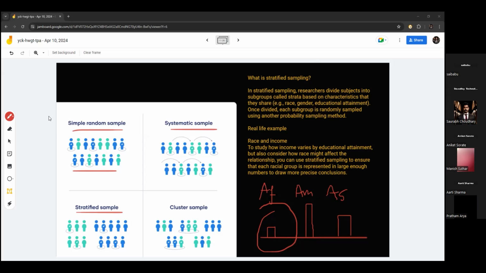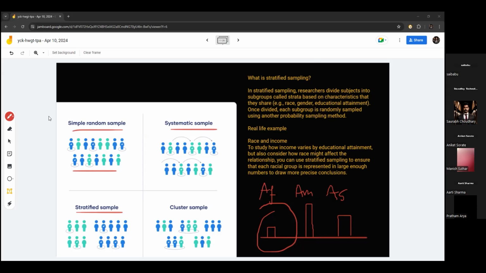Considering stratified sampling to understand academic performance of different high schools of a certain city. Yeah, that is fine. Like only high school students, this could be a use of stratified sampling.